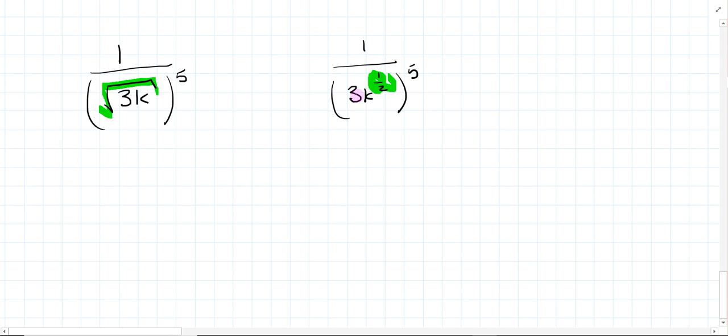So you either do 3 to the power of a half, k to the power of a half, or we have to put in the brackets. That's then the issue, because then we have 1 over 3k to the power of 5 over 2, which then becomes 3k to the negative 5 over 2, but there must be brackets.